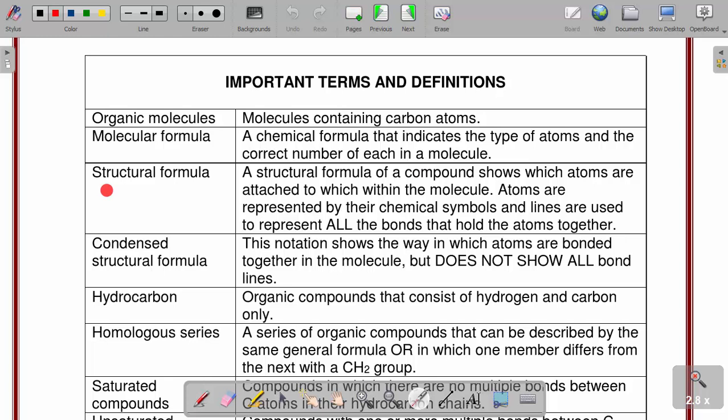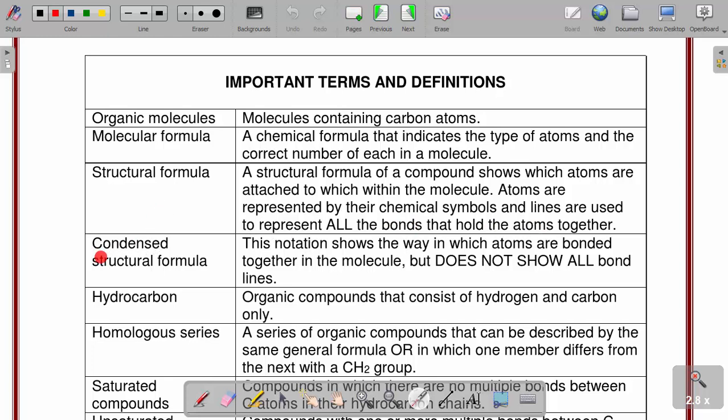And then the structural formula, a structural formula of a compound shows which atoms are attached to which within the molecule. Atoms are represented by their chemical symbols, and the lines are used to represent all the bonds that hold the atoms together. That is in a structural formula.